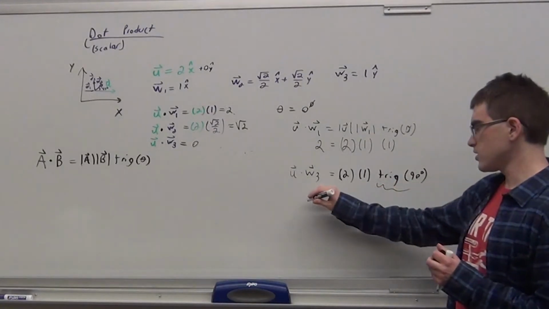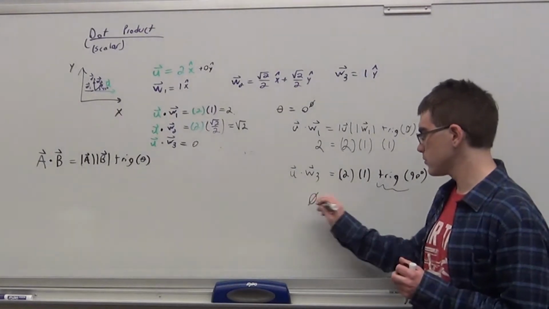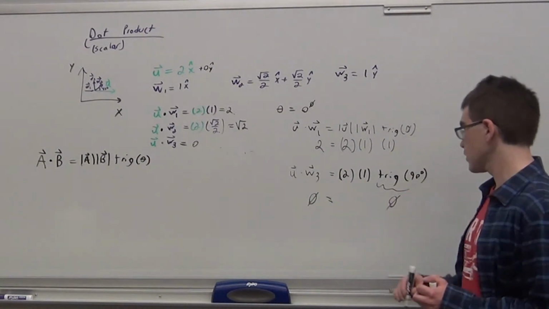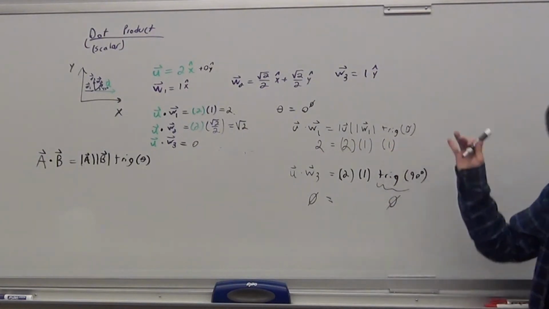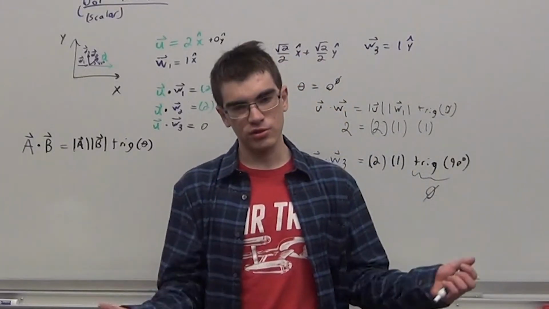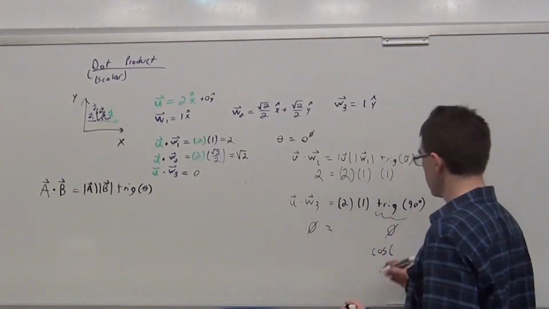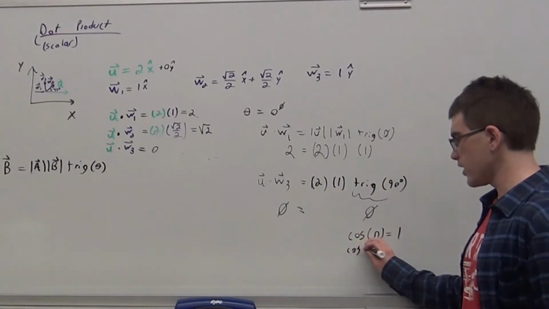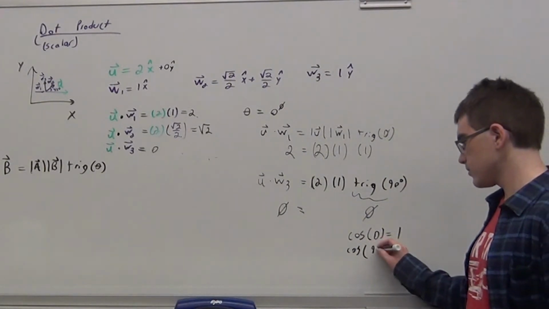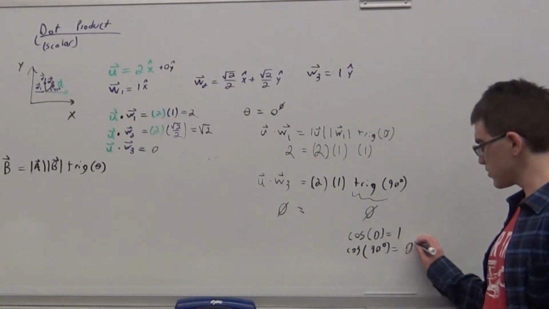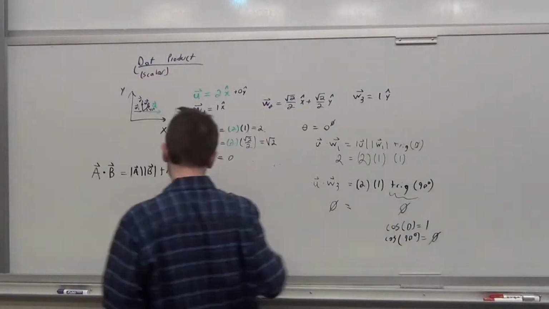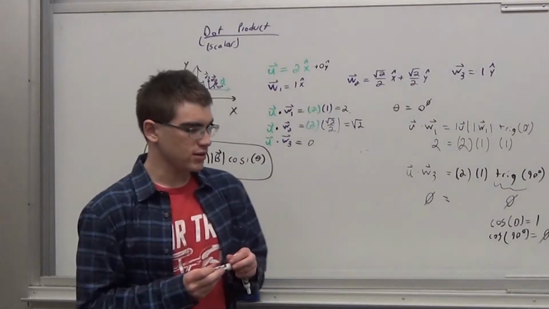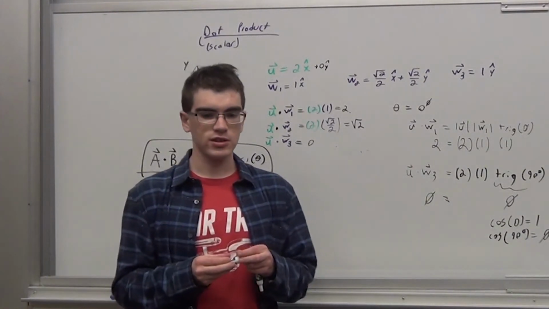Well, this has to be equal to 0, so we know the trig of 90 degrees is 0. Trig of 0 degrees is 1. We choose cosine. Cosine of 0 is equal to 1. Cosine of 90 degrees is equal to 0. And that's the second definition of dot product.